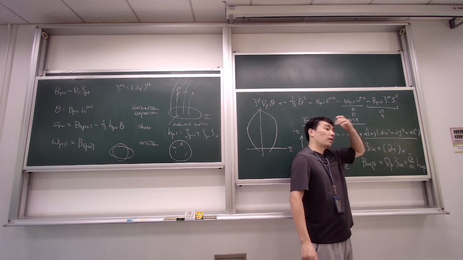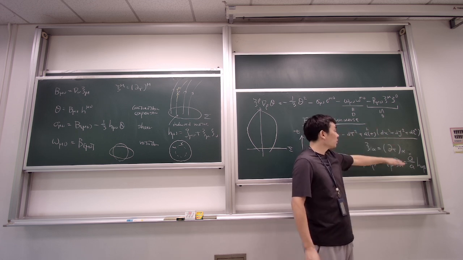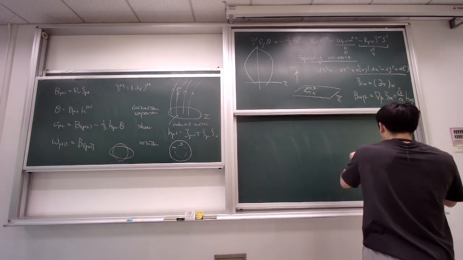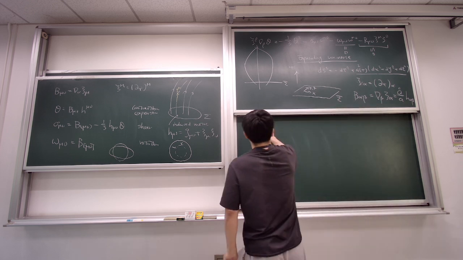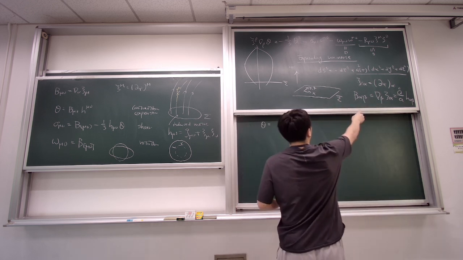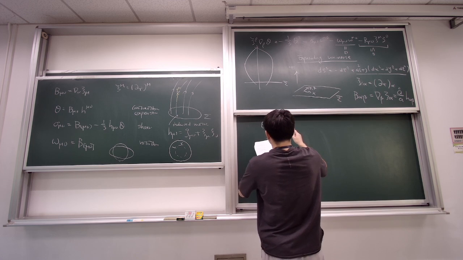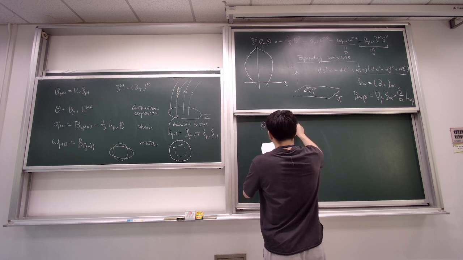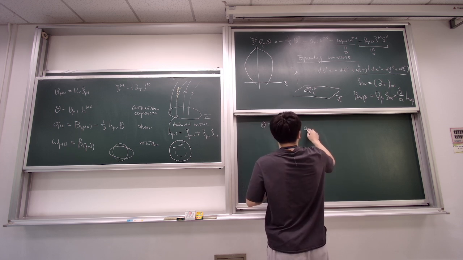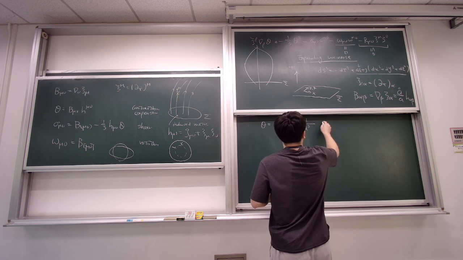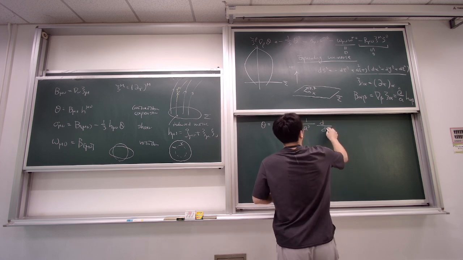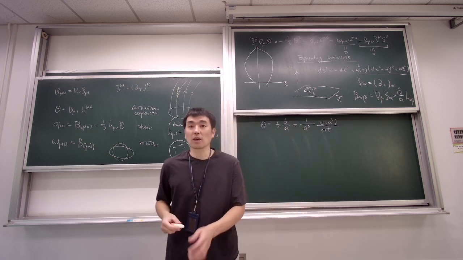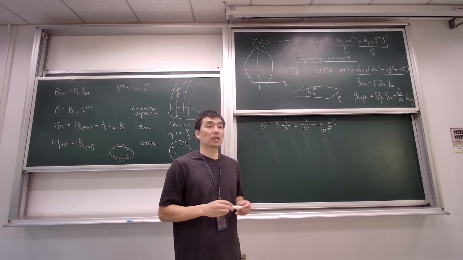So one can easily compute this. Therefore, theta is just the trace of this, so theta is 3 times a dot over a, which is 1 over a cubed times d/dt of a cubed. This is intuitive and makes sense.